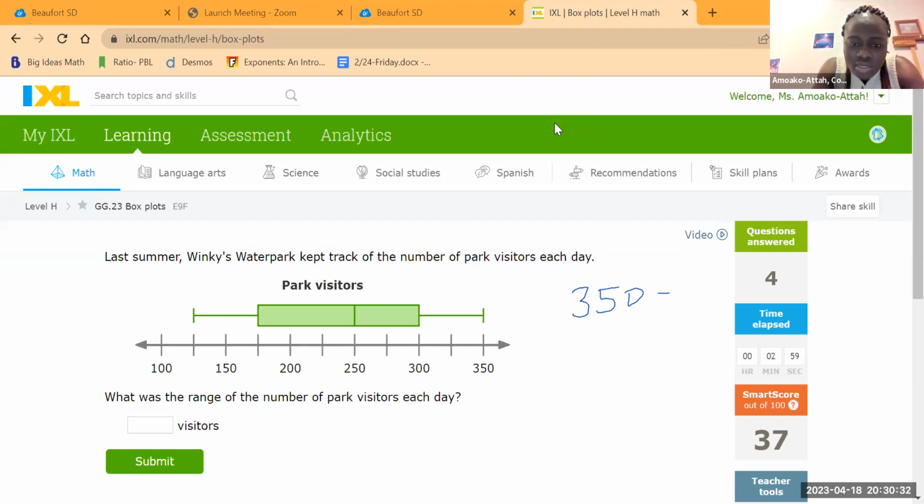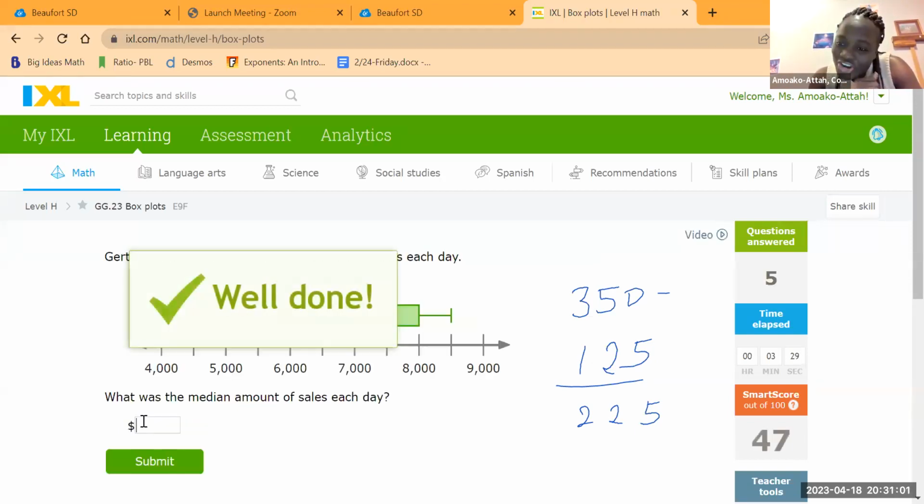So 100, then 125. So let's subtract them and see. Are we correct? Let's see. There's no harm in trying. 225. Are we correct? Good job.